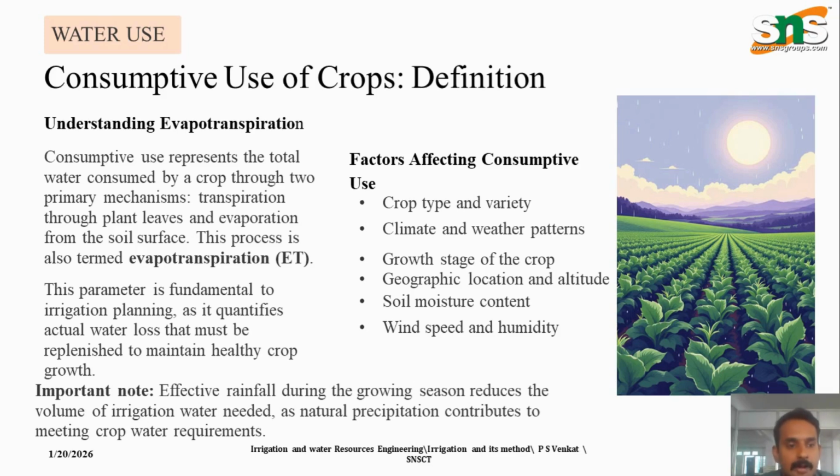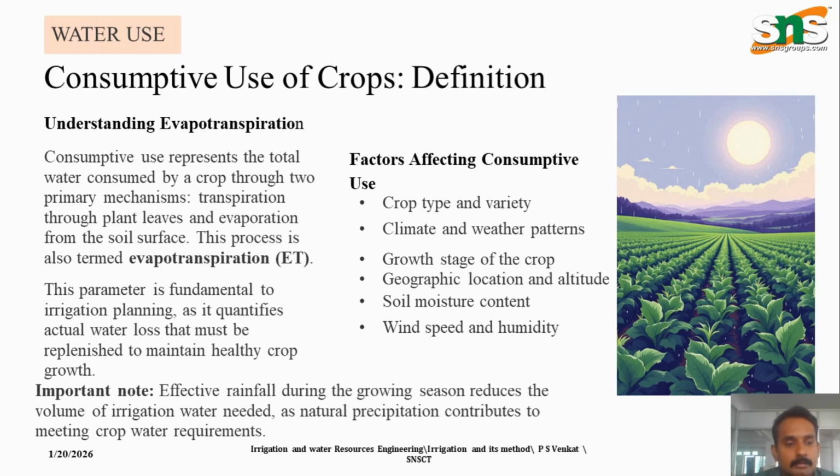The next topic is consumptive use and evapotranspiration. Consumptive use is the actual water consumed by crops, which includes transpiration through plant leaves and evaporation from the soil surface. Together it is called evapotranspiration.